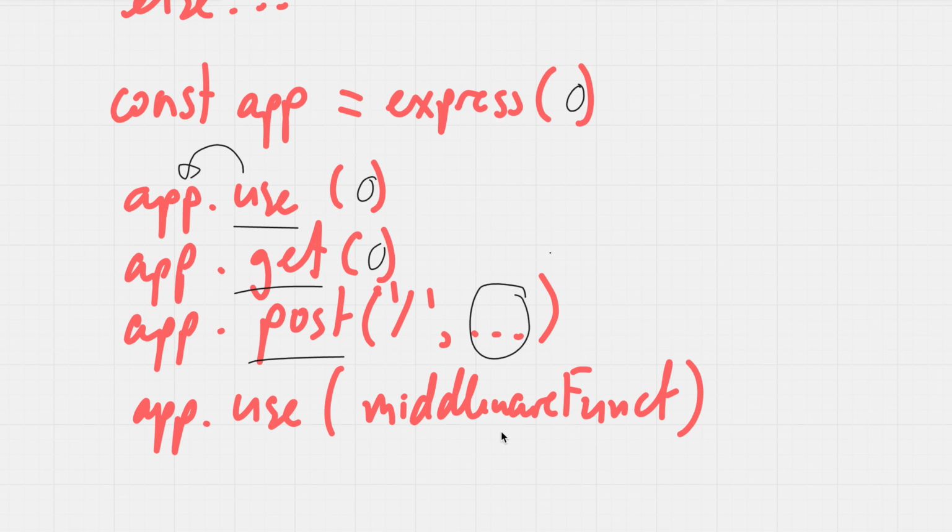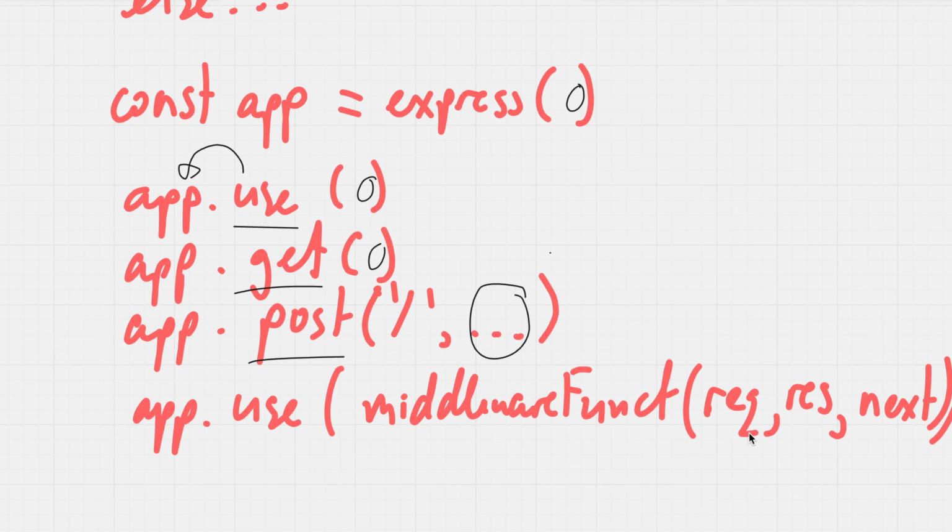Now the key point is that this middleware function must contain request, response, and next parameters.